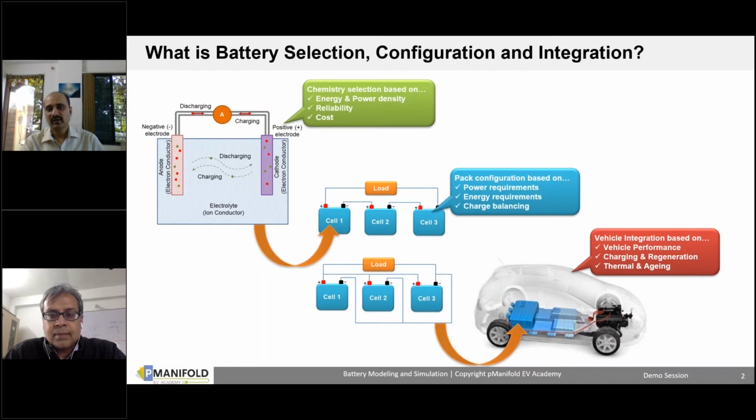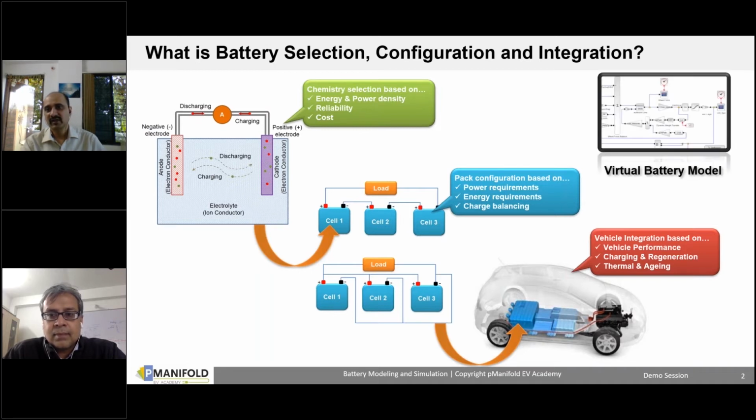Where the virtual model helps is that it can save us a lot of these iterations on the physical prototypes by doing a lot of this in virtual simulation. And you can have a virtual model of anything, right from the vehicle, the battery pack, and the unit cell. All three can be modeled, and they can be studied for different aspects of your decision making.